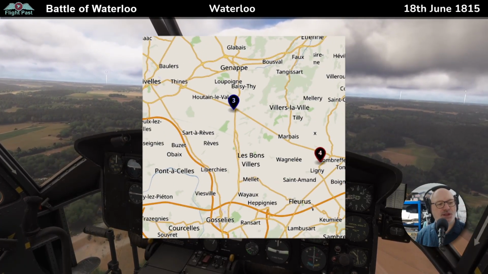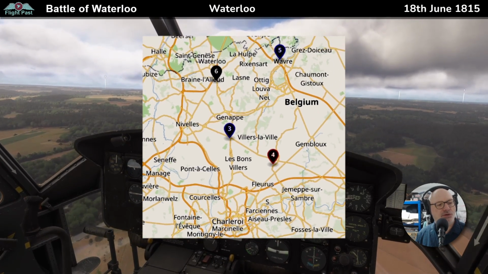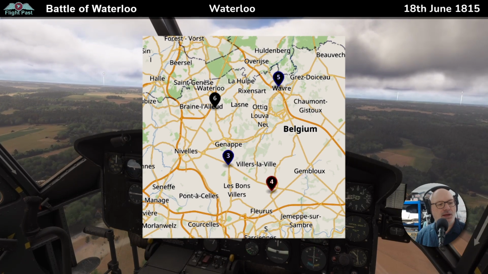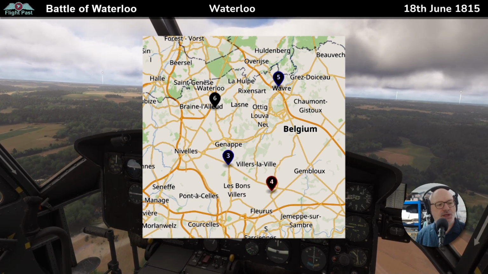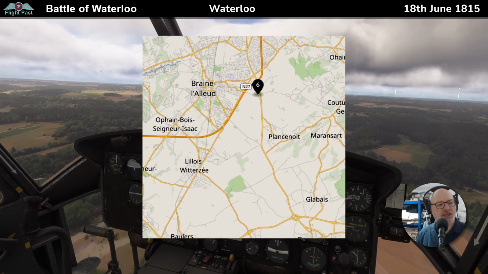This is on the 16th. This forces the Prussians to retreat, and they move north to Wavre, and that forces Wellington back to the ridge at Mont Saint-Jean, which is here.